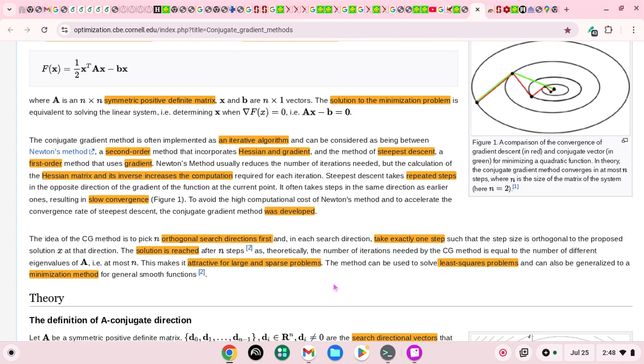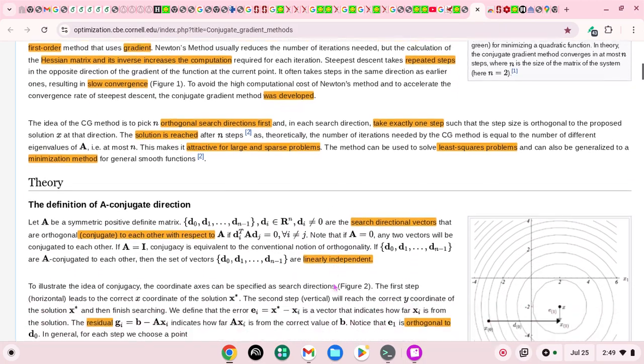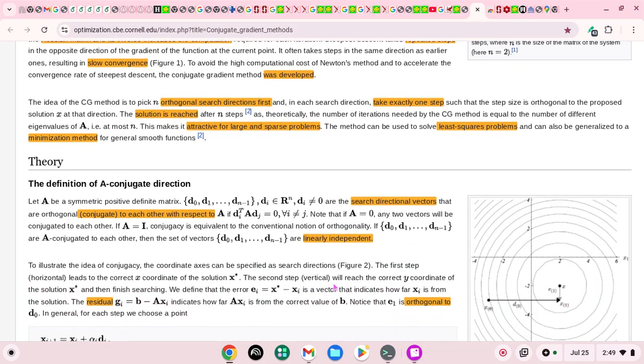The exact solution, with finite precision arithmetic, can be computed after n steps, which is much better than a direct solver taking order n cubed operations. This is hugely attractive, especially for large and sparse problems, and it is also used for solving least squares problems, minimization methods, and other machine learning algorithms.